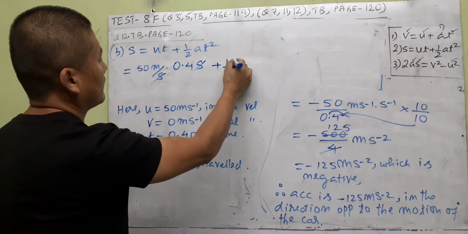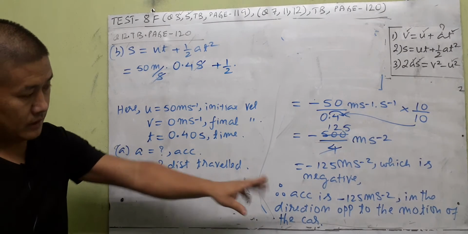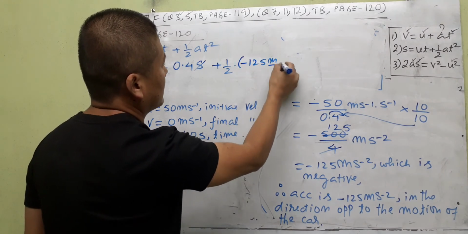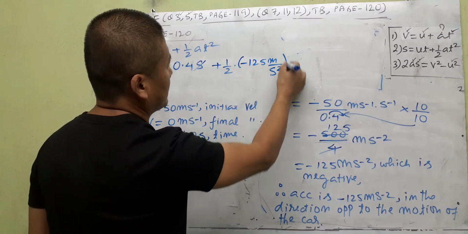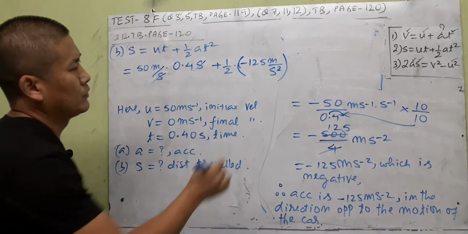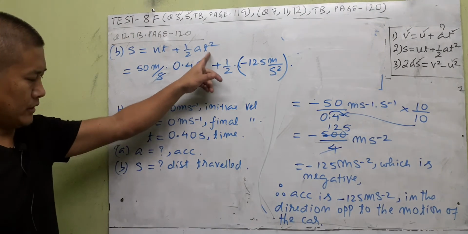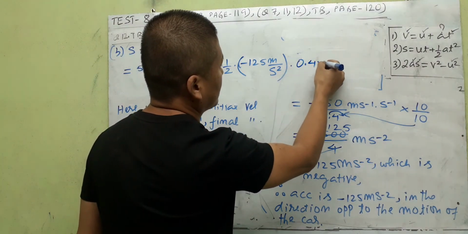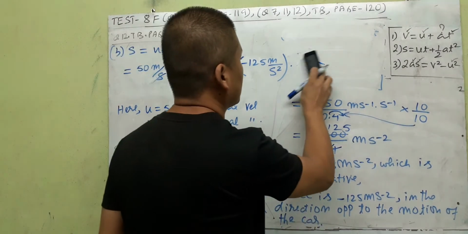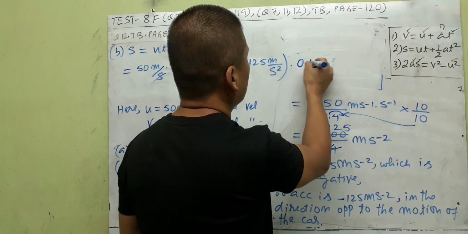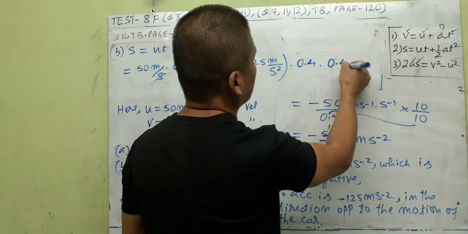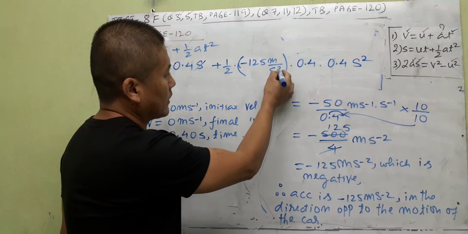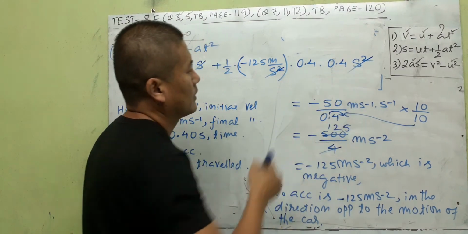Plus half into A just now there, minus 125 meter per second square. Be careful with that. Into T square. So T is here 0.4. So T square will be 0.4 into 0.4, and second into second square. That way this second square here will cancel this second square, gone.